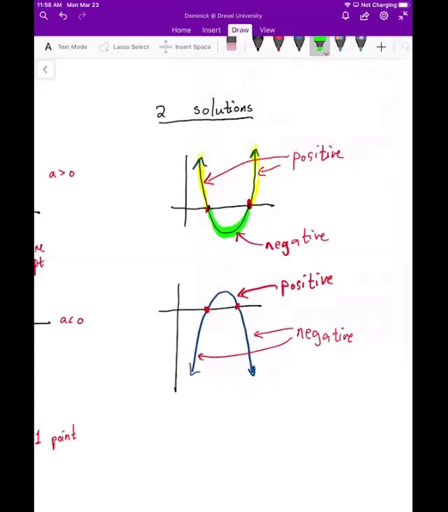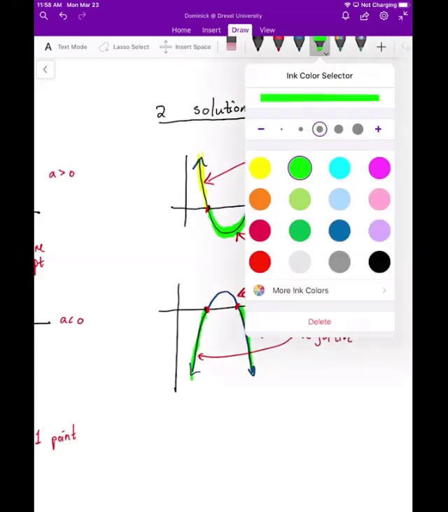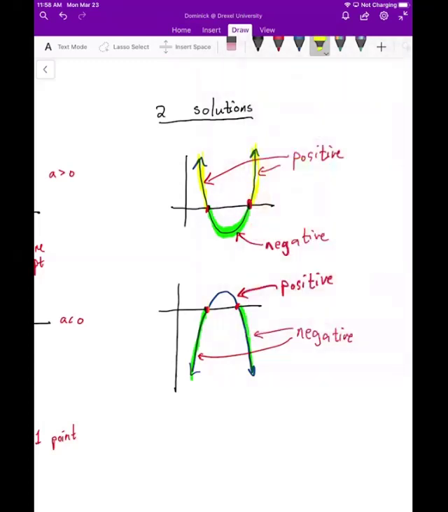So depending on your original inequality, we're interested in either the two yellow sections or the single green section. You can look at the same scenario for the one below, the a negative case. Again, depending on the original inequality, you're either interested in the single positive part this time or the two negative parts.